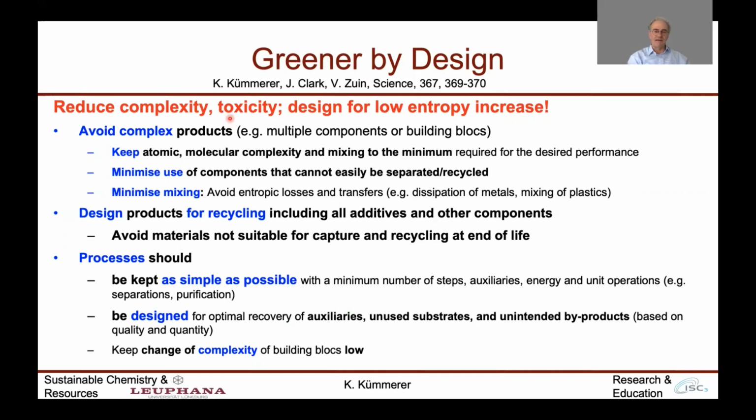Even if it's metals and electronics, there are still plastics and so on. Yeah, we have to reduce toxicity. About 60% of volume used in the European Union of chemicals for products is still highly toxic, even nowadays.